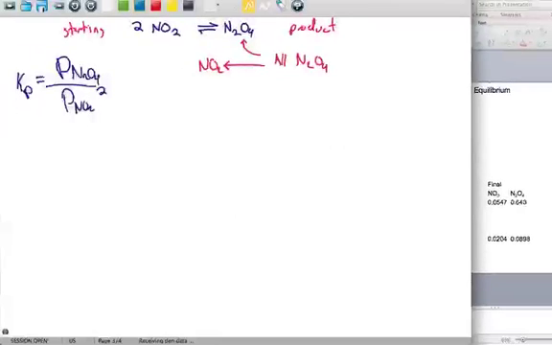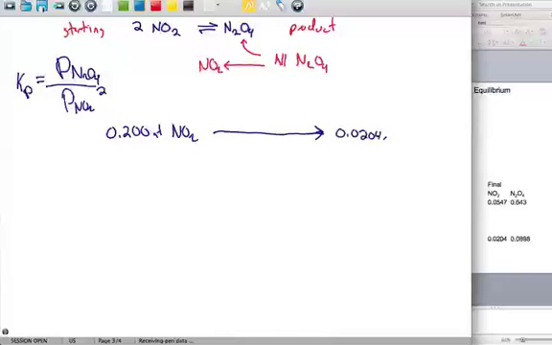So if we take a look off to the left, what we see is some conditions. If we start instead with 0.200 atm of NO2, and then we let the reaction progress, what we see at the end is that there's 0.0204 atmospheres of NO2, and in that process, 0.0898 atmospheres of N2O4 formed.